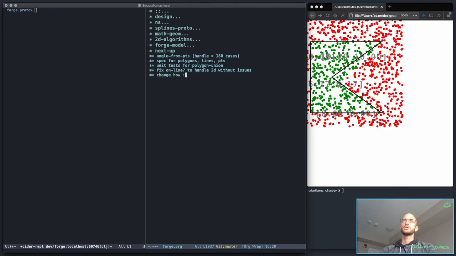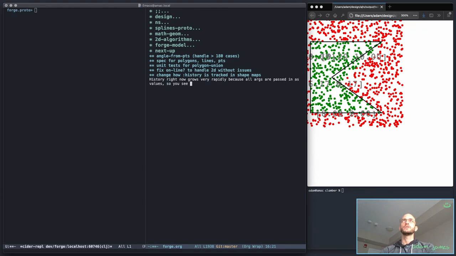Change how history is tracked in shape maps. By that I mean history right now grows very rapidly because all args are passed in as values.